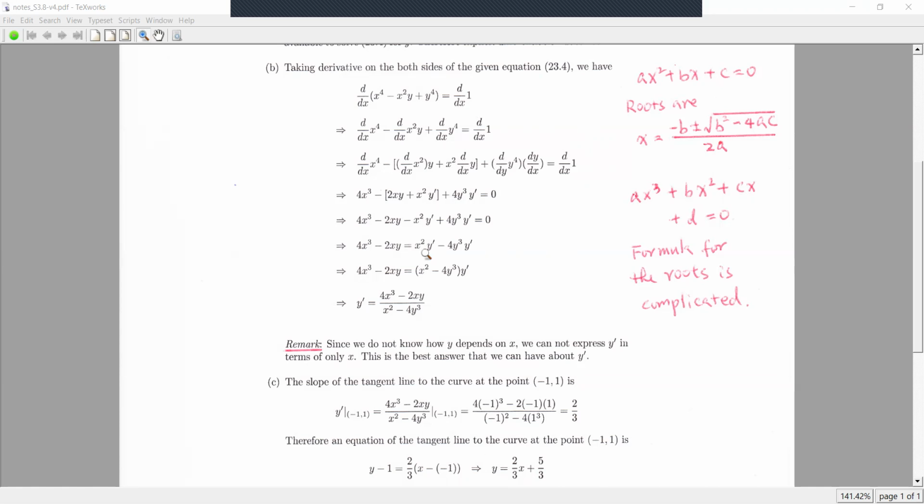Factor out y prime, then we have this equation. Finally, move the factor x squared minus 4y to the 3rd to the left hand side, then we have this equation. This is the result to part B.